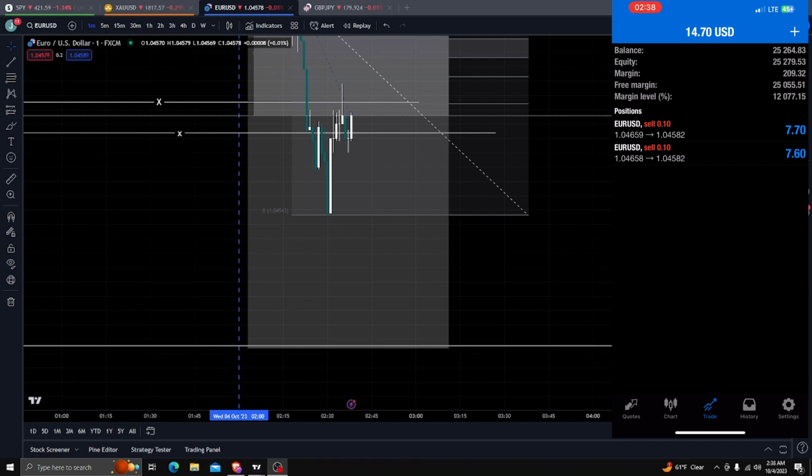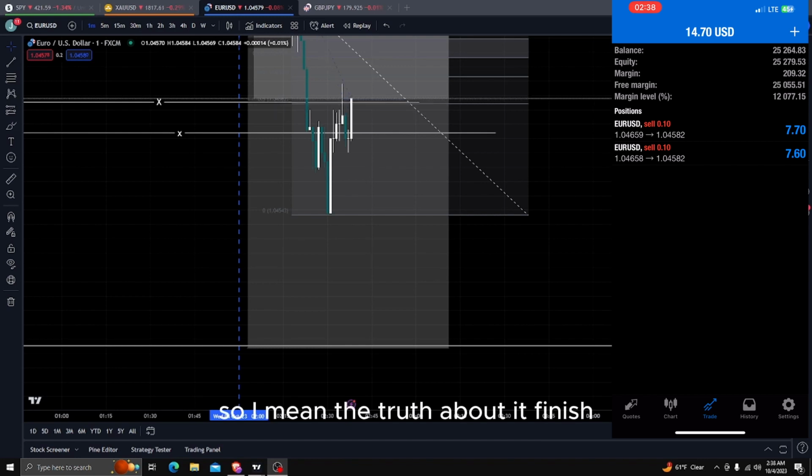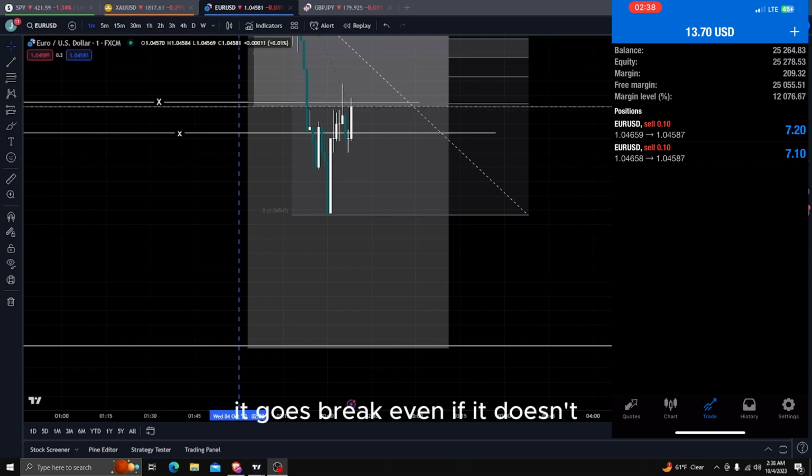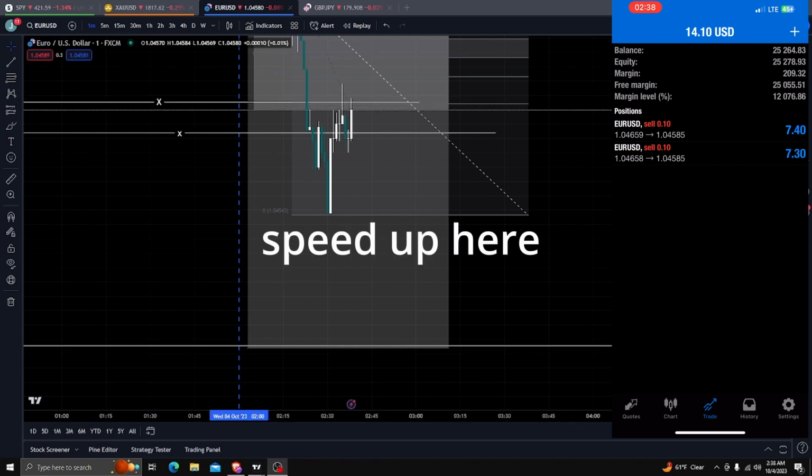USD. So, I mean, the trade's about to finish. If it goes break even, it goes break even. If it doesn't, it doesn't. It doesn't really matter.